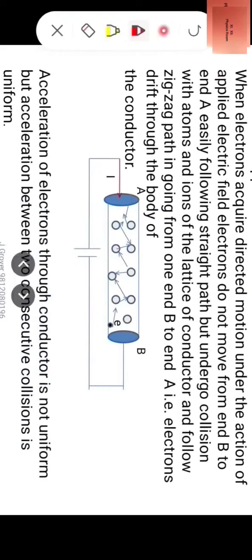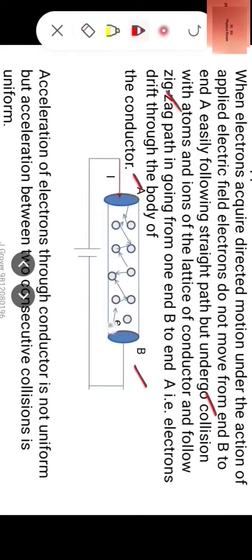When electrons acquire directed motion under the action of applied electric field, electrons do not move from end B to end A easily following a straight path, but undergo collision with atoms and ions of the lattice of the conductor and follow a zigzag path in going from one end B to end A of the conductor. That is, electrons drift through the body of the conductor.